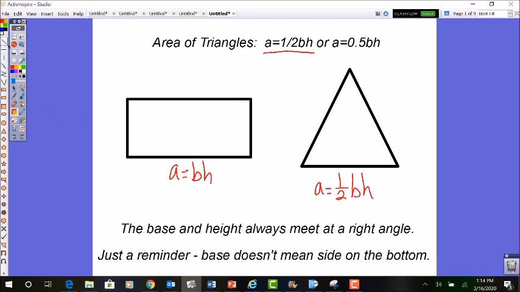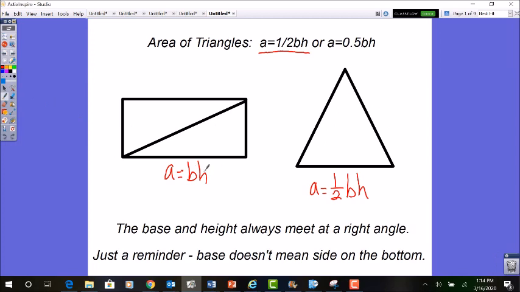One thing that you can do is take a line diagonally from one corner to another, and you'd see that if you cut this parallelogram in half, you would create a triangle. So if you did base times height, but then you cut that total in half, you'd have half the area, which would be just this triangle on the bottom here.